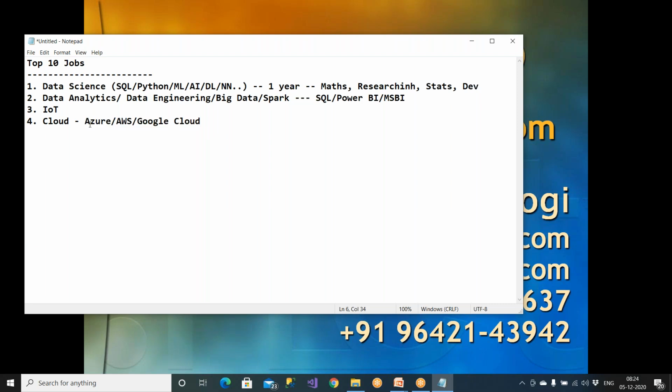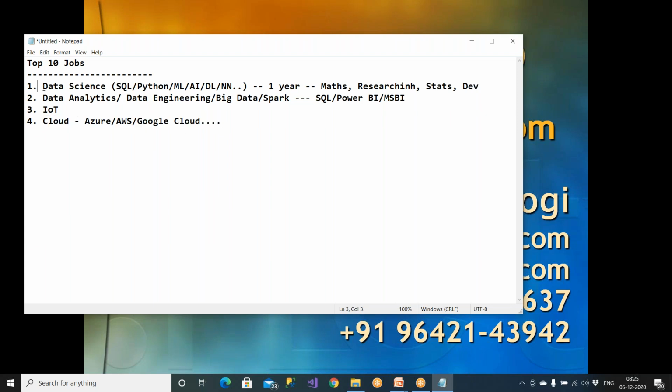So online. Cloud means online web. That is the thing. So Azure, AWS, Amazon Web Services, Google Cloud, a lot of companies provide the cloud platforms. So many companies are working on this. So this is the storing mechanism.